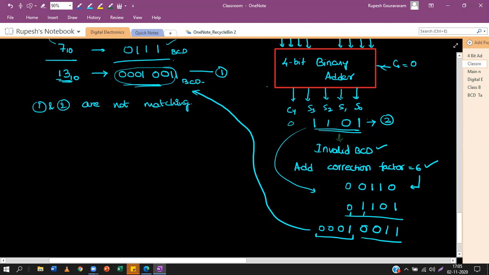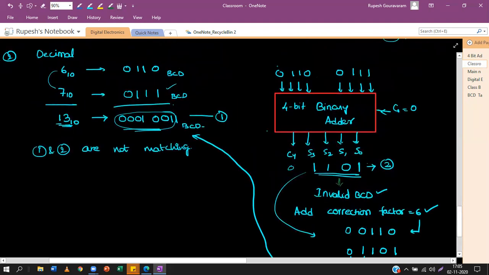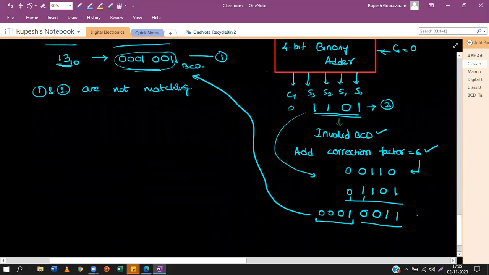So we are getting the right answer. When you use a 4-bit binary adder, you input both the numbers to the adder, and whatever output you get, you add plus 6 to that output. Thus you got 00010011.